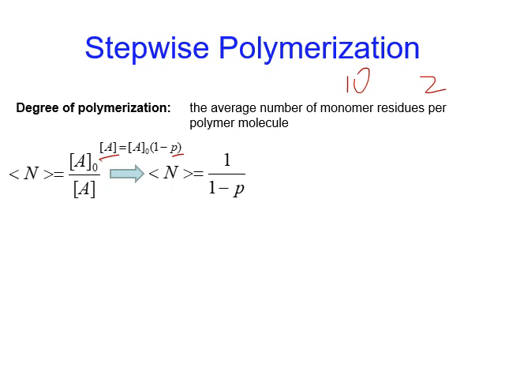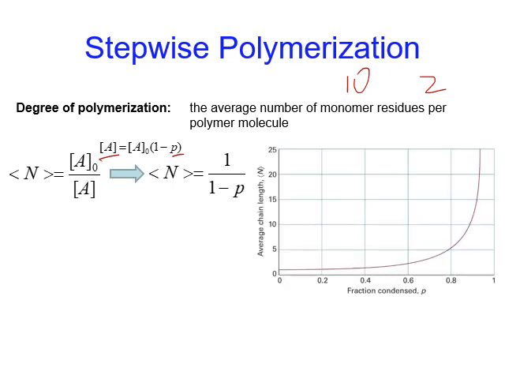If we plot this, this is the degree of polymerization, or the polymer chain length, and this is the fraction condensed, P. You can see that even for 50 or 60% of functional groups condensed, the length is still low.